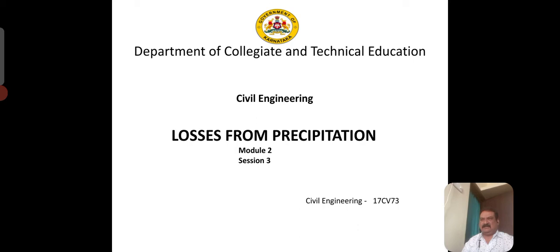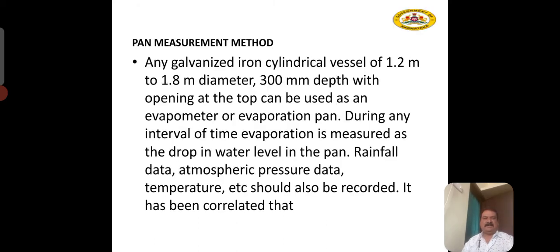We have seen what are the reliable sources by which we can measure this evaporation, that is pan measurement method, use of empirical formula, storage equation method, energy budget method. Now we will see in this session the pan measurement method.